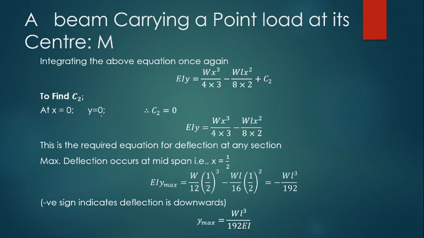Entire left side is 0, and in every term we have an x value, which will be 0, so finally C2 will be equal to 0. Now you have two equations with the known values: EIy is the deflection equation, and EI dy by dx is the slope equation. With all the C1 and C2 values, the equations are ready.